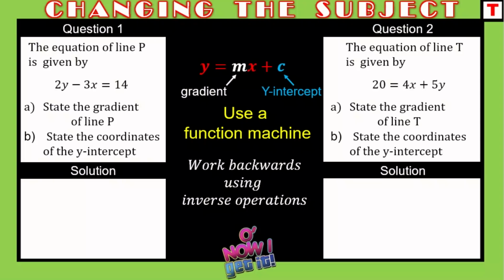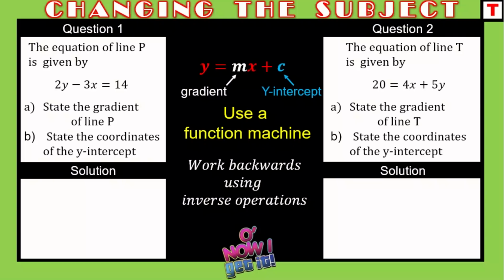So we want y to be by itself. We want to get it in the form of y equals mx plus c, so that we can generate the gradient and the y-intercept. So one of the first things that we're going to be doing here is dividing everything by 2.